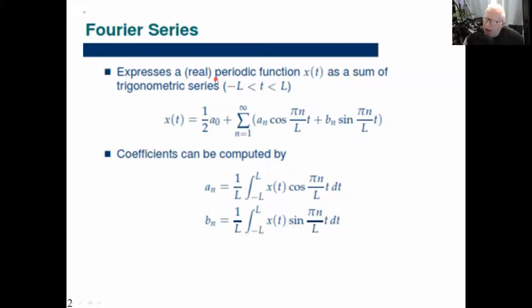Herein, we have reached our first observation, which is that periodicity in one domain causes discreteness in the other domain. So whenever we have a periodic signal in the time domain, we should expect a discrete signal in the frequency domain, which is the case for a Fourier series.